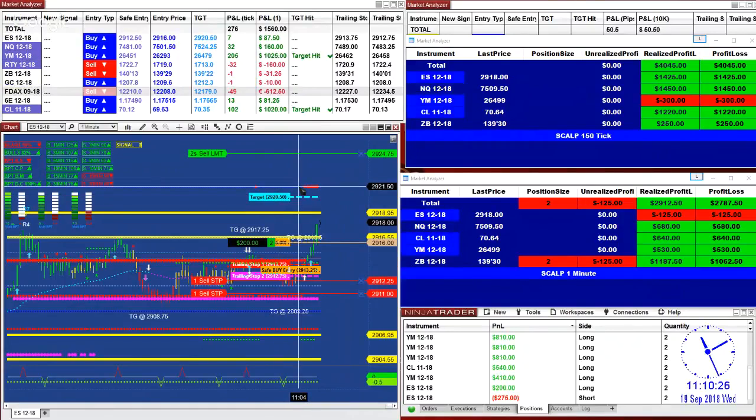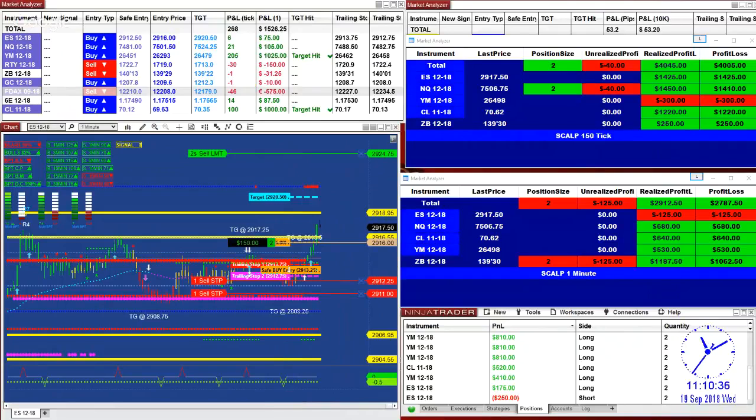Resistance line, final destination 2150, and we will take it from there once we get to that area. So on the last signal, we have 6 ticks on the ES. We have 22 ticks on the Nasdaq.